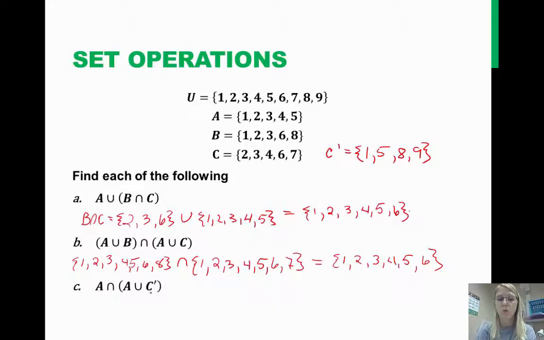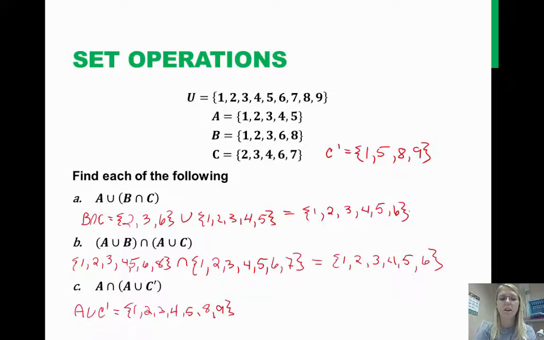So A union C naught will be putting both of these together in the same pocket. So we know that we have 1 through 5 already in set A, and then whatever C naught has that A doesn't.